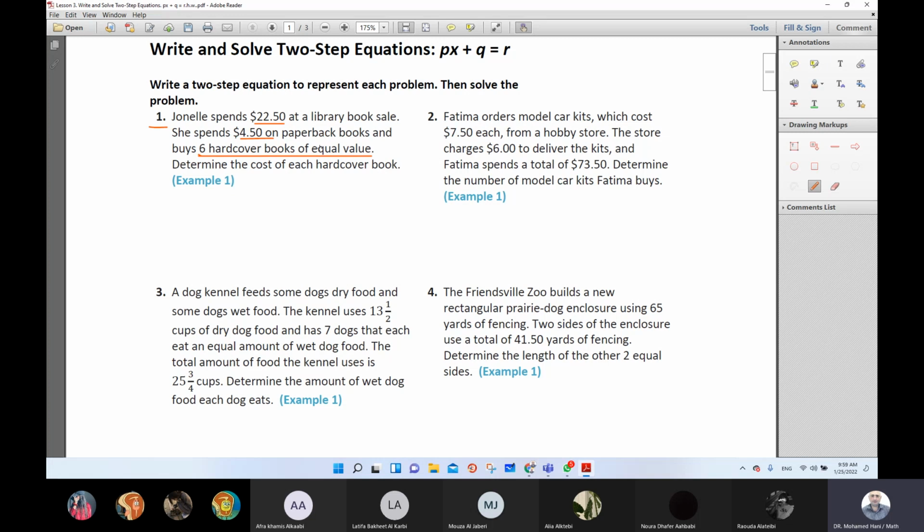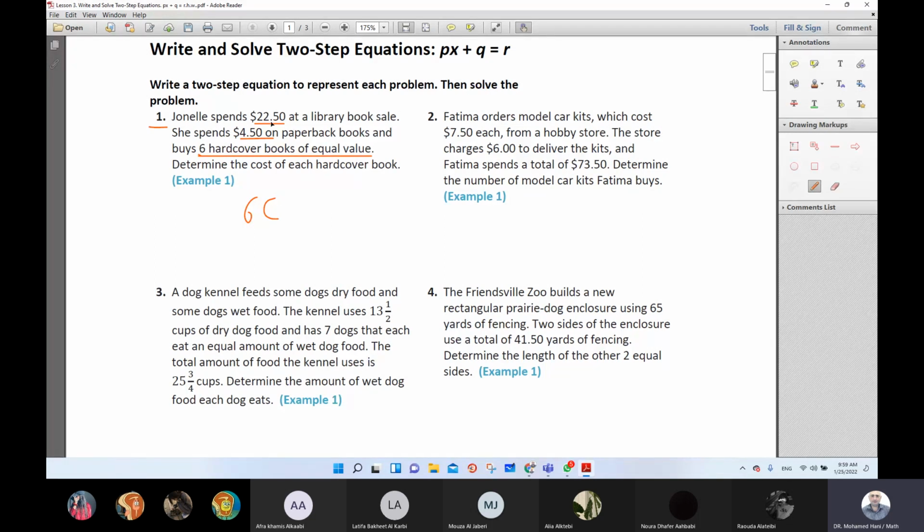But we don't know the value, so we represent it with a variable. For example, 6C: 6 means the number of hardcover books, and C means the cost or the equal value of each one.